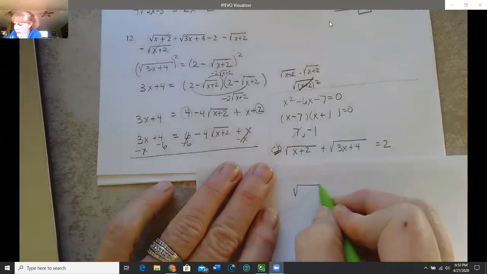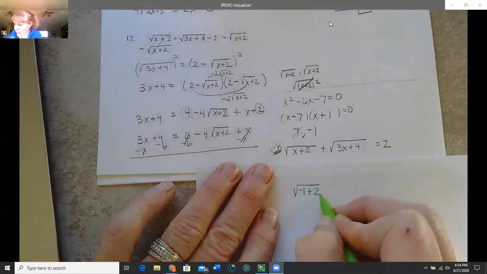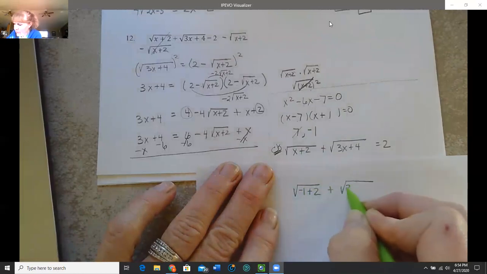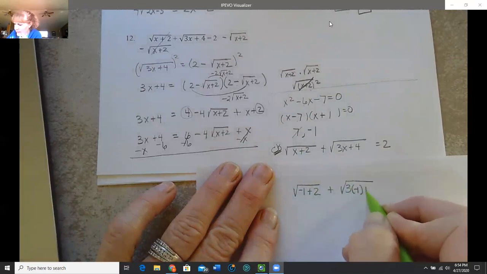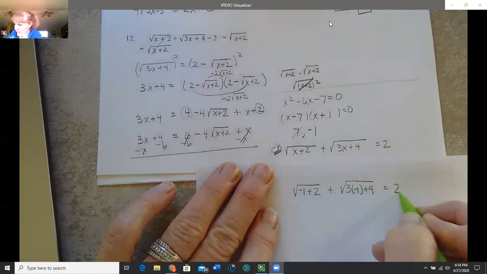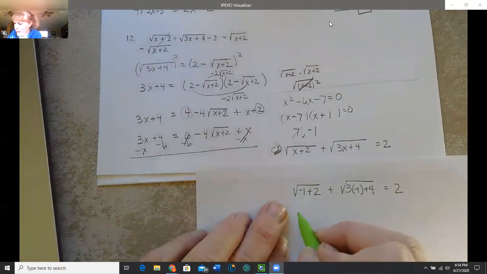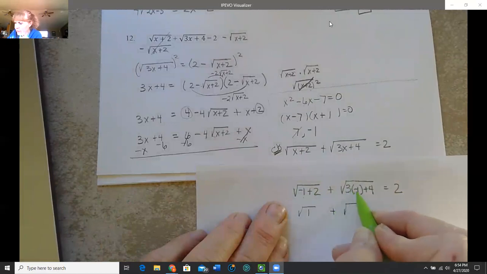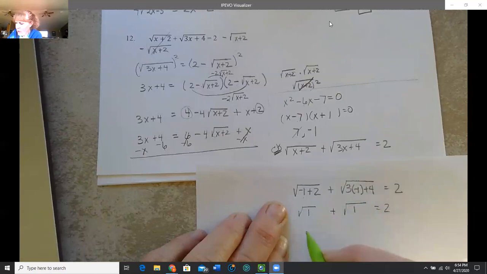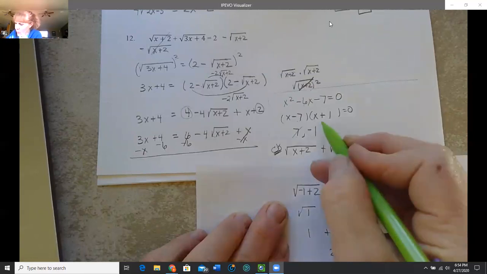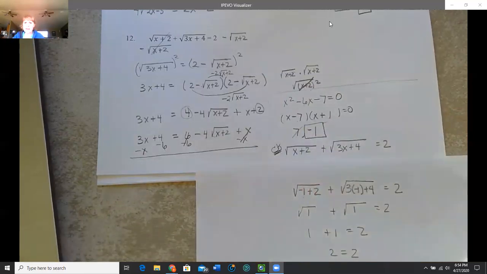So that gives us a negative 1 plus 2, plus the square root of 3 times a negative 1 plus 4. Negative 1 plus 2 is 1. Negative 3 plus 4 is also 1. 1 plus 1 equals 2. So negative 1 works, whereas the 7 does not.